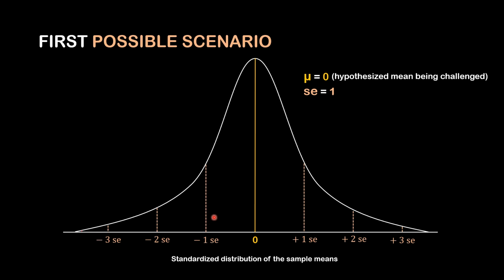We must define the area under the curve in which we will not reject the null hypothesis if the sample mean falls there. And we need to define where this area starts and how wide it is. To know where this area starts, we need to look at our hypothesis. The alternative hypothesis states that the sample mean is different, so it can be smaller or greater than the hypothesized mean.